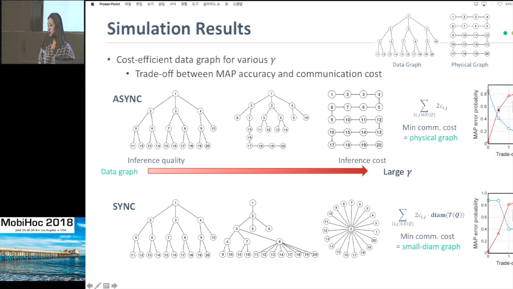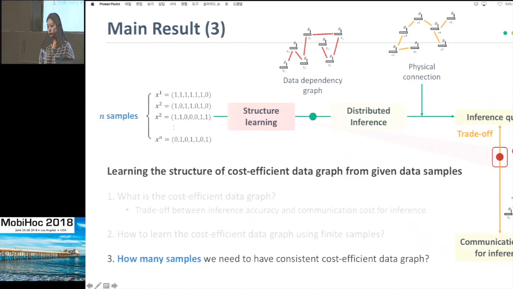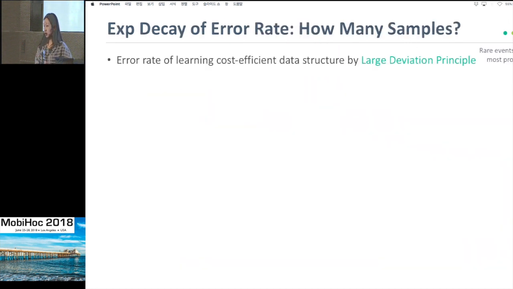And this is the trade-off for the various trade-off parameters between the inference quality and the communication cost. The final result is about how many samples are required to have the consistent cost-efficient data graph, which means what is the error rate of our two learning algorithms, and we analyze this by the large deviation principle.